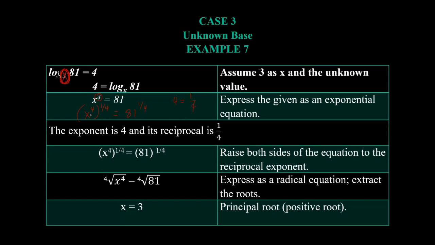Okay? So what we are going to do is simplify. 4 times 1/4 becomes x raised to 4 over 4, or 1. So it becomes x raised to 1, or x is equal to 81 raised to 1/4. So what are we going to do with an exponent which is a fraction?